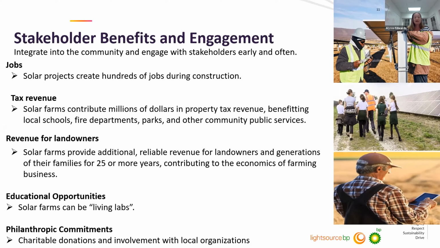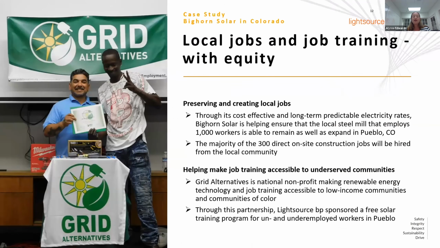And then philanthropic commitments. When we get into communities, developers want to consider charitable donations or involvement with local organizations. This is an example of an organization that Lightsource BP is involved with, called Grid Alternatives. Basically, this organization takes individuals from under-resourced and underserved communities and trains them on utility-sized solar projects like ours.